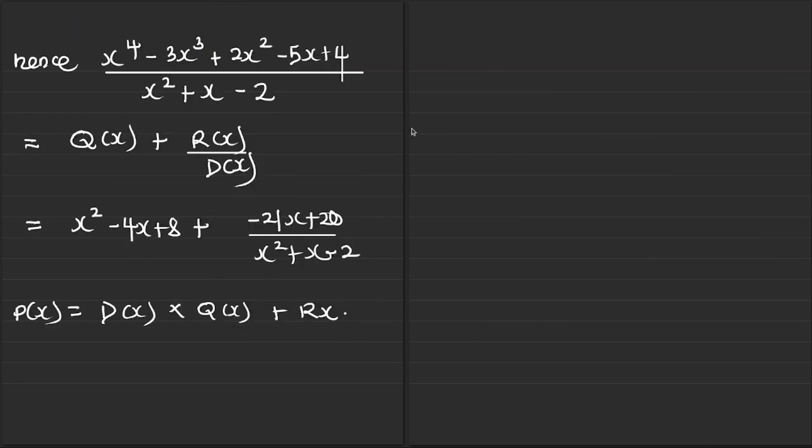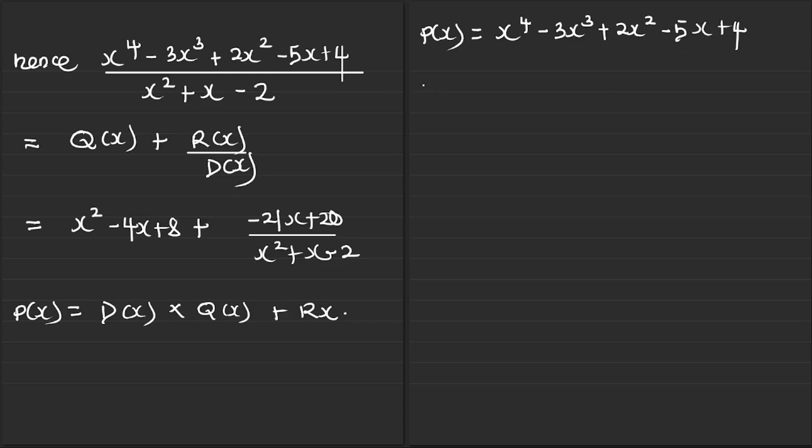So first of all, the polynomial, which is p of x, is the x to the power 4 minus 3x cubed plus 2x squared minus 5x, then plus 4. This was what the polynomial was.